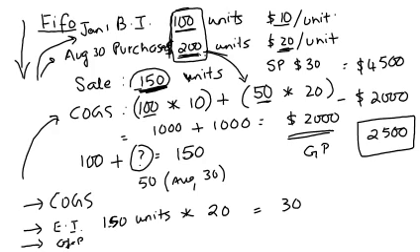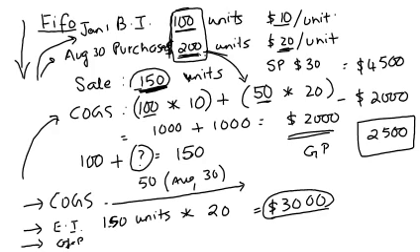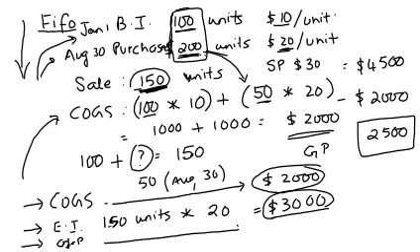And so you have the value of ending inventory to be $3,000, the cost of goods sold to be $2,000, and the gross profit to be $2,500.